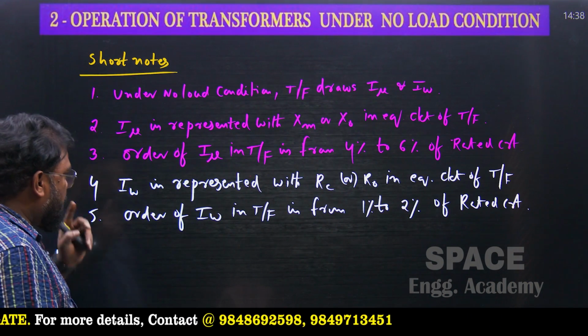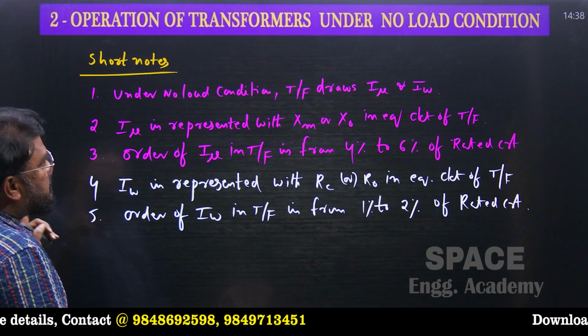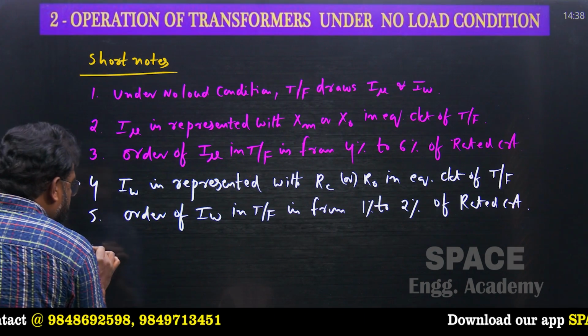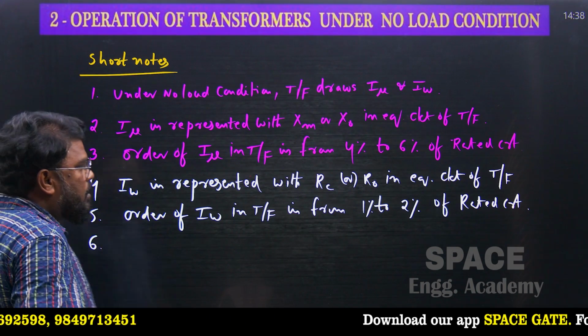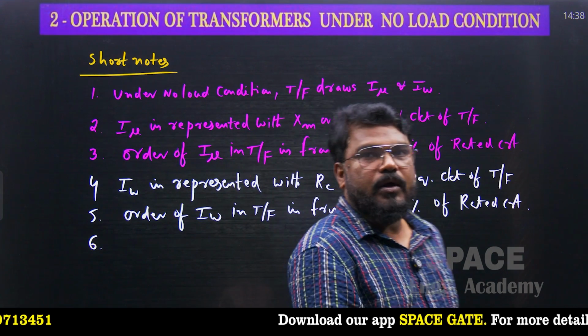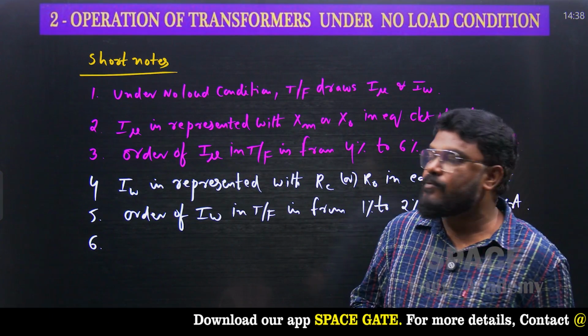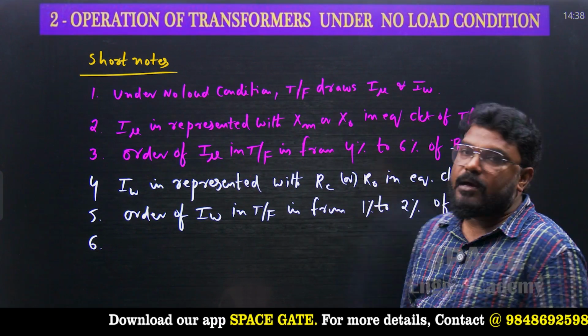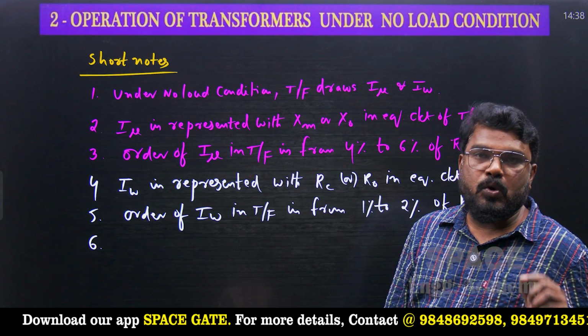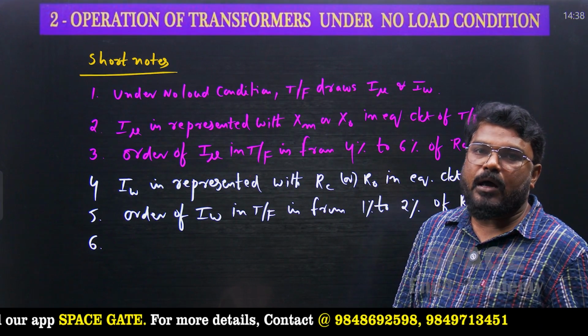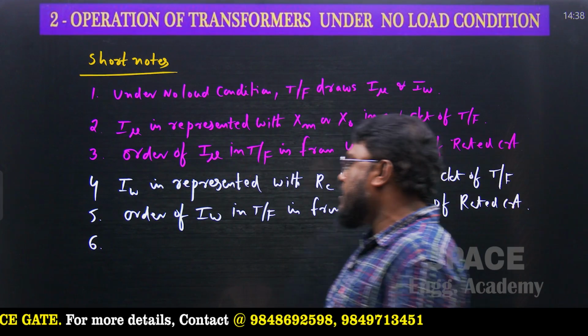And next, one more point about this concept. The phasor or vector sum of I mu and I w is known as the no load current, and it is also called the exciting current of the transformer.